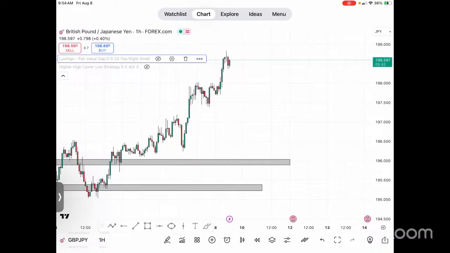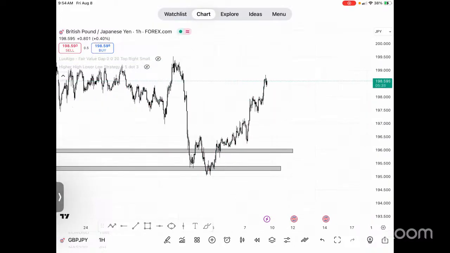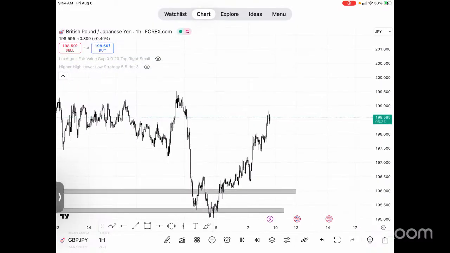Anything else? Just how to pay attention to the trends and when to retest the higher highs and the higher lows, and the lower highs and the lower lows.